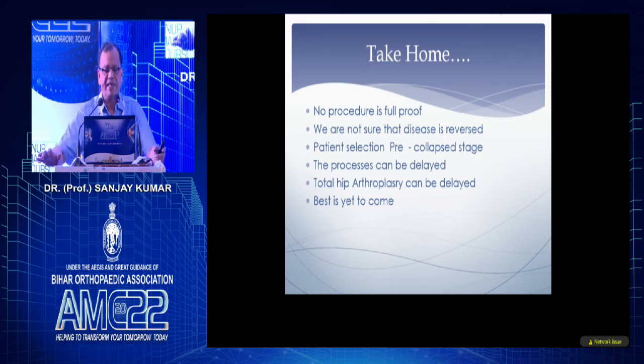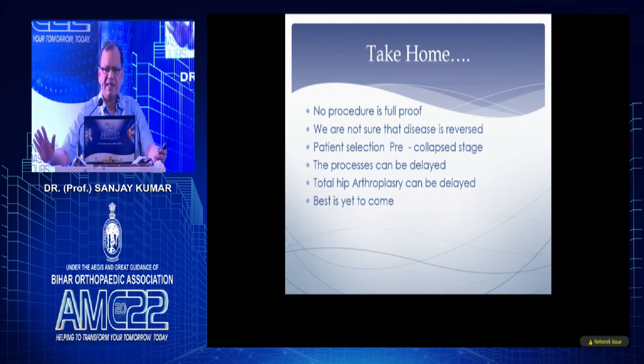So the take-home message is, in the pre-collapse stage, no procedure is foolproof. It cannot reverse the disease. We are not sure that the disease is reversed. Patient selection in the pre-collapse stage has to be done. The pathology can be delayed with these things, and the best treatment is yet to come.